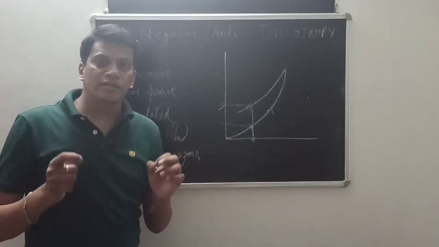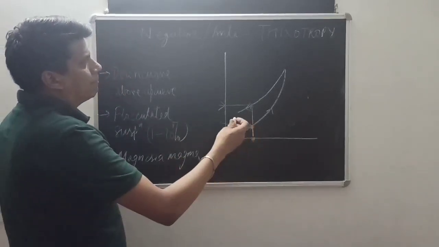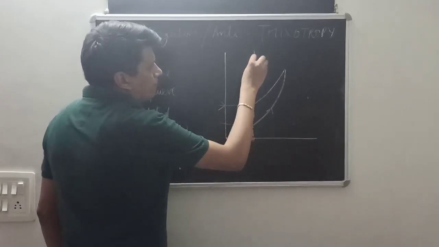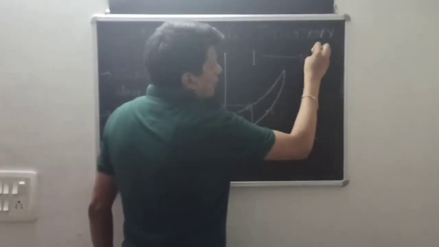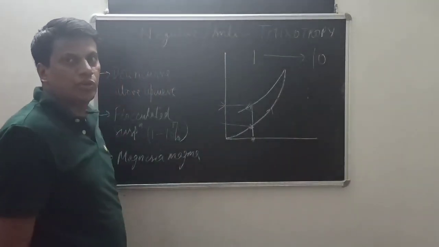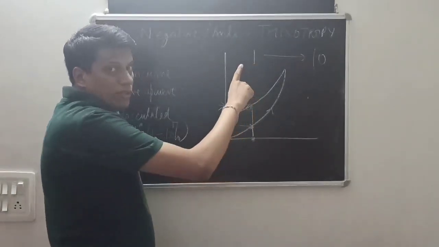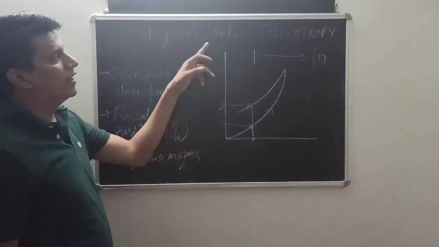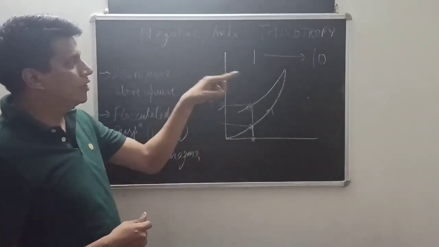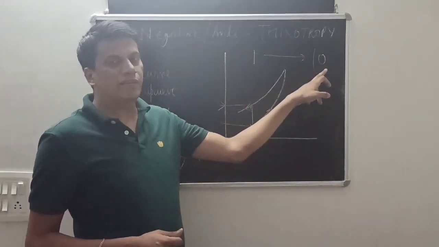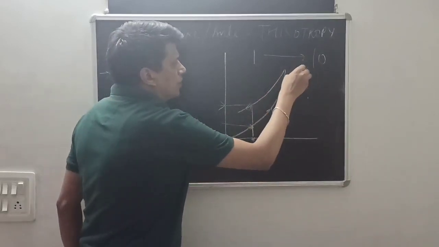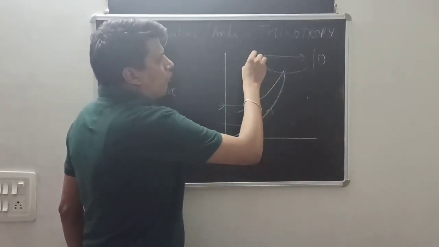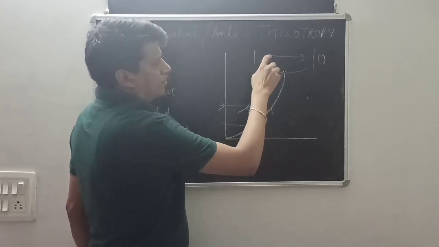So this can be understood by a simple example. So now from 1, the viscosity is changing to 10. Now the similar but just opposite phenomenon we have done in thixotropic systems, from 10 to 1. Now here there is increase in viscosity. Now viscosity decreases, but before coming to 1, it stops.